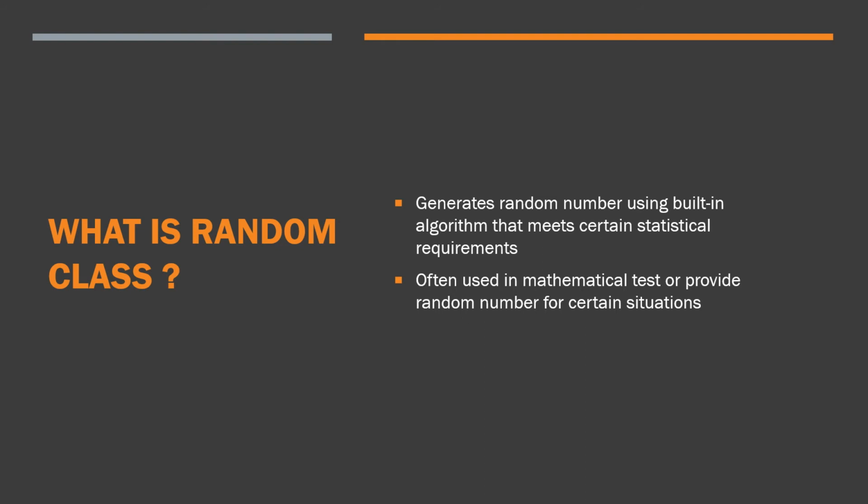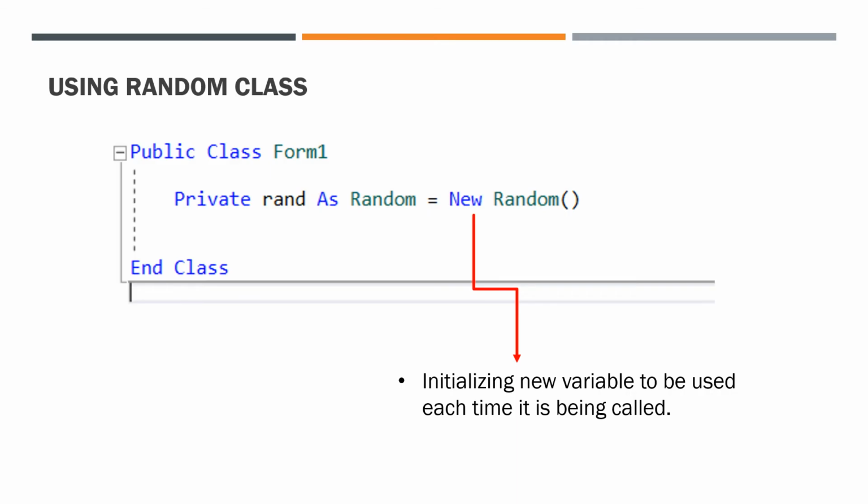So how do you actually call the random number? You can use it by just calling Random. And in most cases, you would need to initialize the new variable with the word New. This is because when you use random numbers, you have to make sure that the numbers are generated randomly, no matter how many times you call the random number.